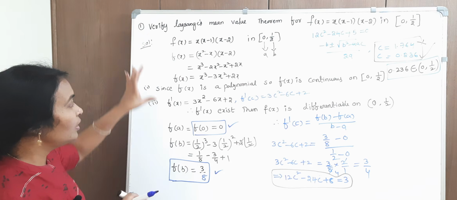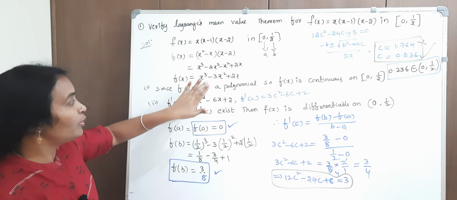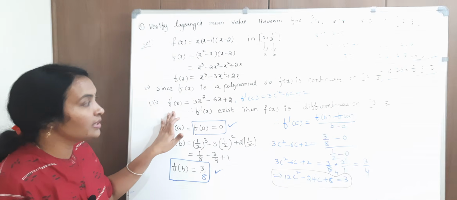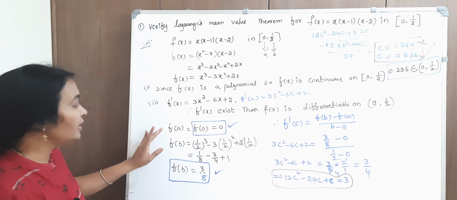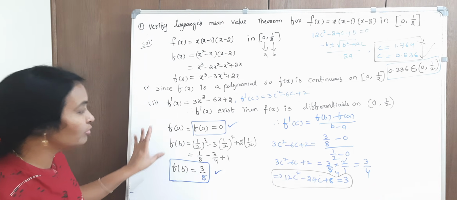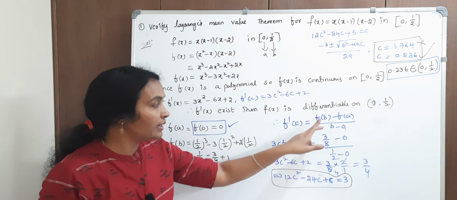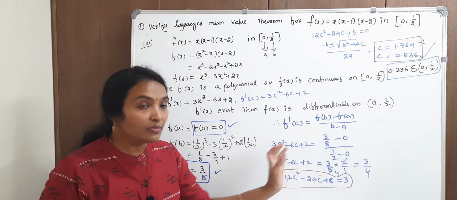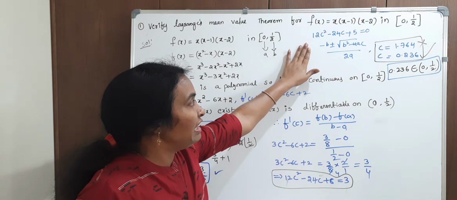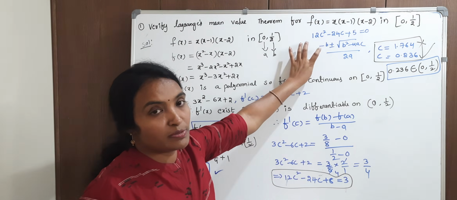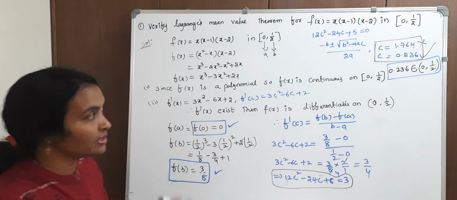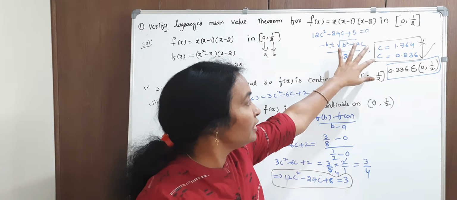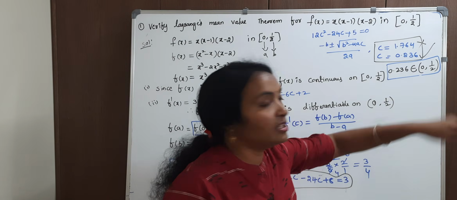First what we have to do, write the polynomial, I did the product and wrote it as a polynomial. We know that the polynomial is a continuous function. If f dash exists then it is also differentiable. Then evaluate f of a and f of b, put these values in the given formula, we will get the result. You know f dash of c from here. Then simplify, we'll get one quadratic equation, put all the values in our minus b plus or minus under root of b square minus 4ac, you'll get the values. Those values are 1.764 and 0.236, but in these two values only one is in between these two.